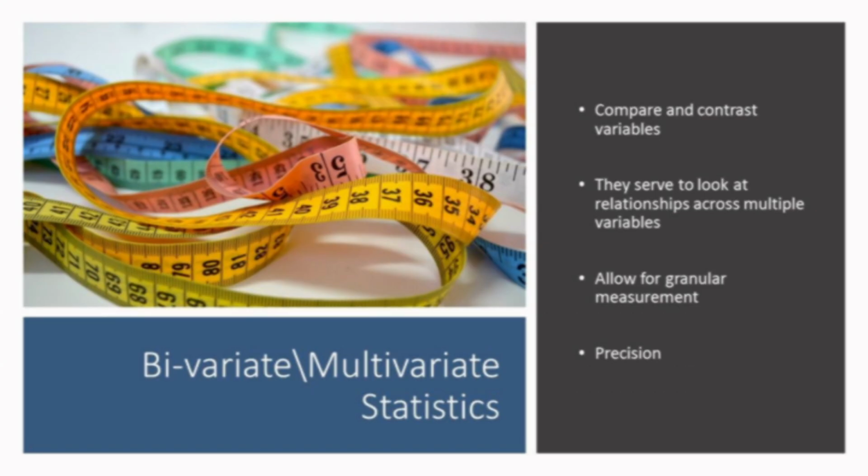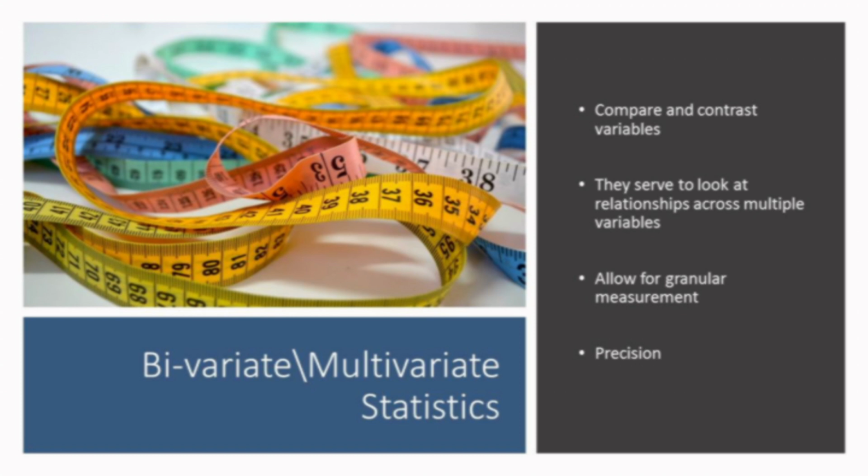Bivariate and multivariate statistics. Bivariate is when we look at 2 variables. Multivariate is 2 or more, sometimes 3, 4, 5, whatever it may be. You're comparing and contrasting variables at this point. They serve to look at relationships across multiple variables. And it does allow for granular measurement.